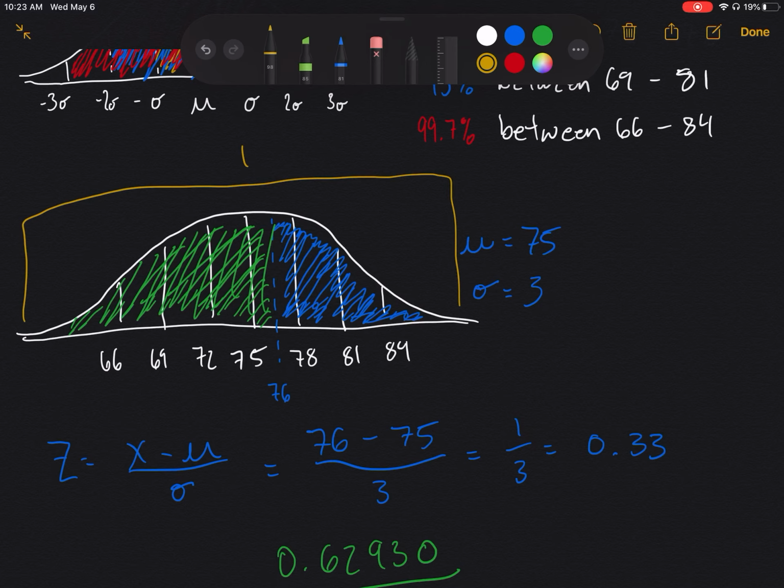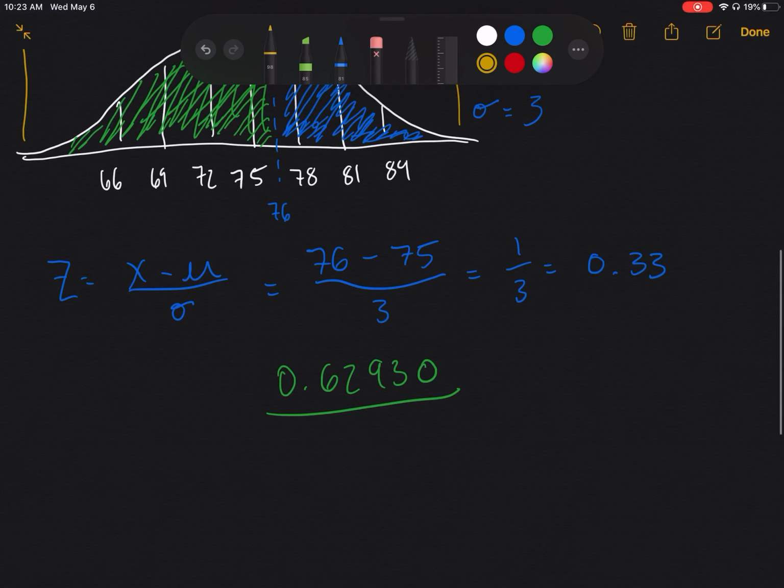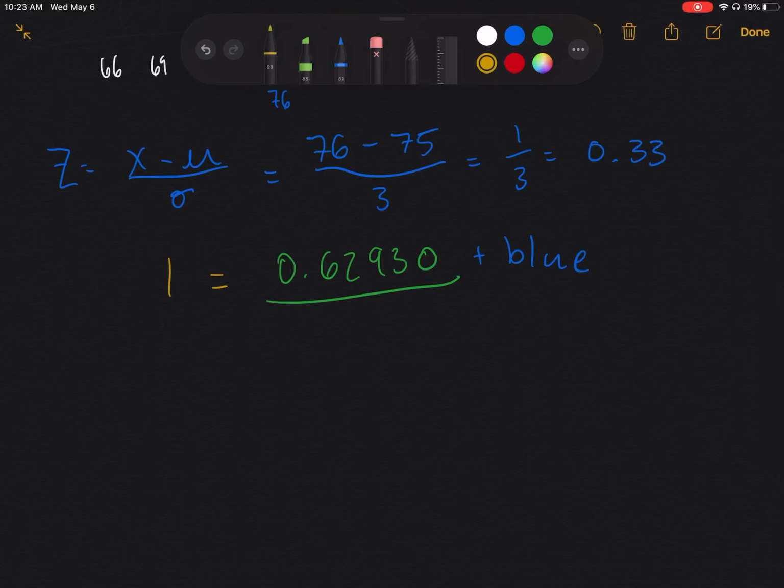There's a 100% chance that something's going to happen. That's a probability of 1, right? So if we want the other area, the blue area plus the green area should add up to 1. So to get the blue area, which is the area we're looking for, I would take 1 minus the green area.